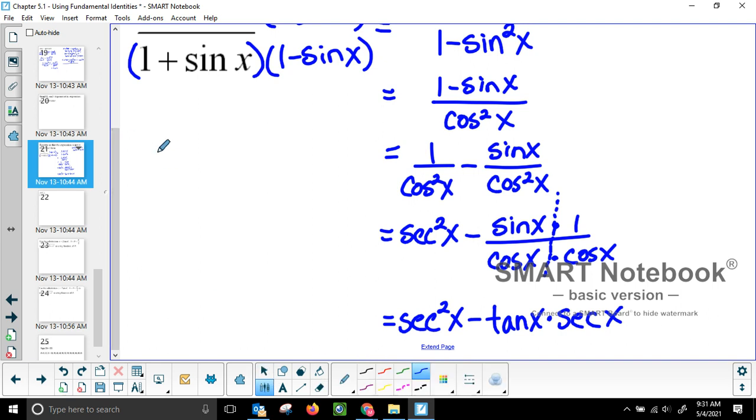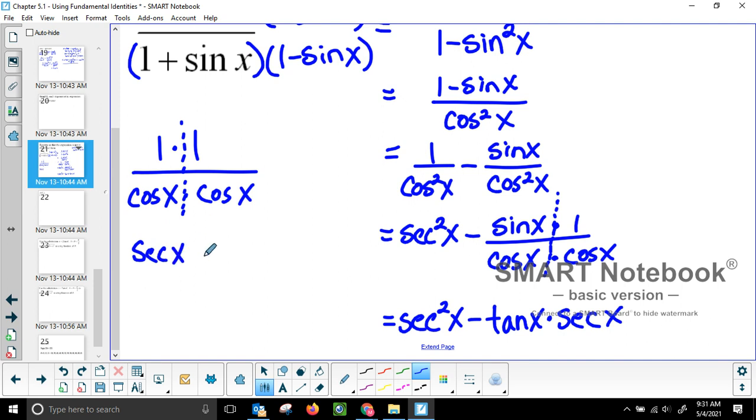You could just say, I'm going to multiply that 1 times 1 again, and change cosine squared x to cosine x times cosine x. Then I really have two separate pieces here. So this is secant x times secant x, which is really just secant squared x.